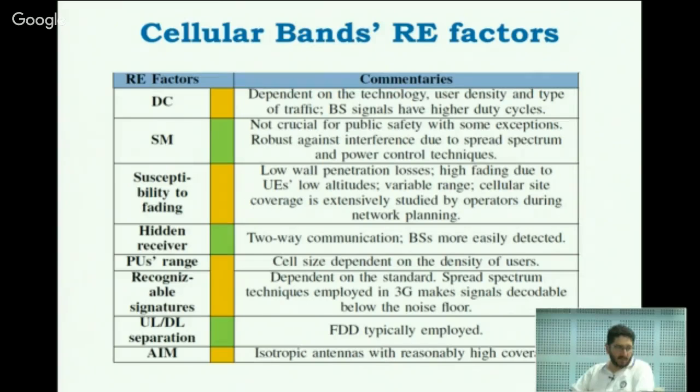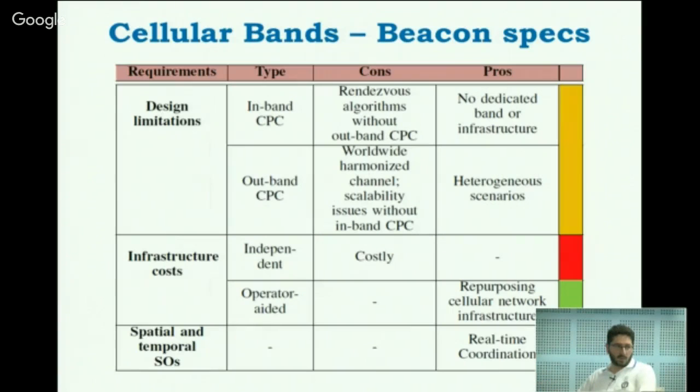There is a hidden receiver problem, which is not really a big deal because you have a two-way communication, and for example, base stations are very easy to detect, so it's somewhat not so severe. So there are many considerations. This is a summary, but in the paper we go into a lot of detail about each of these considerations.